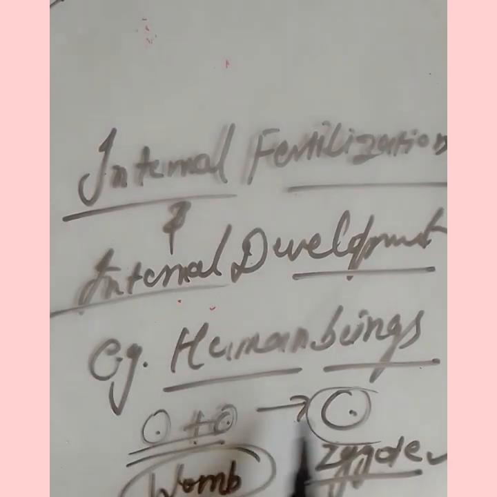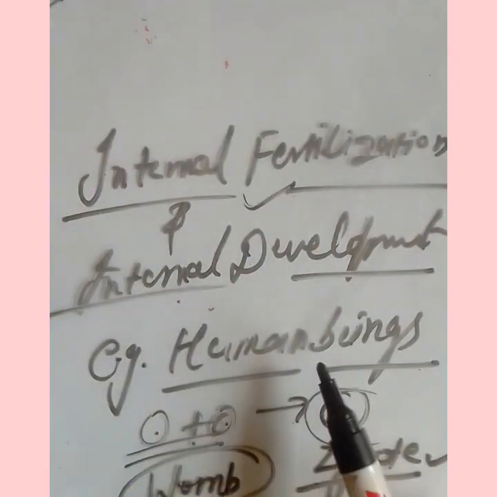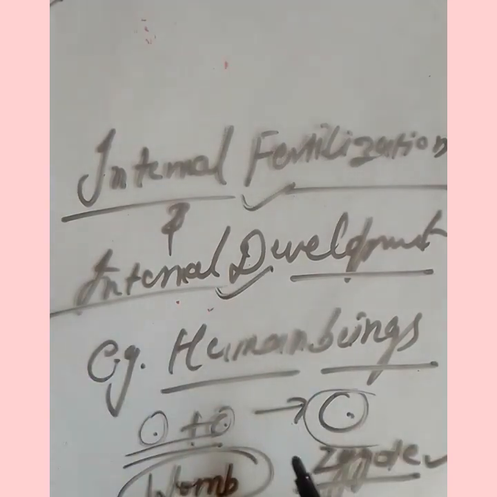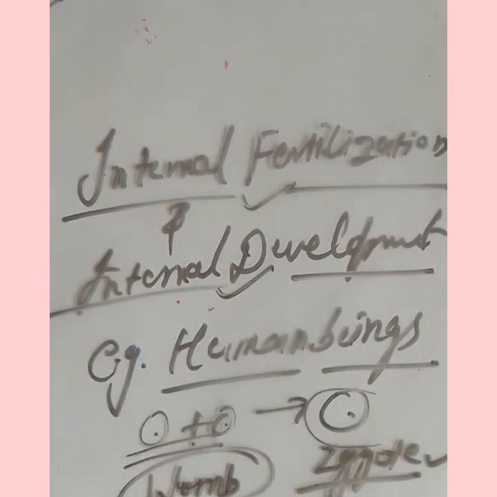So the fertilization is internal and development is also internal. This is the example of human beings. This is all about reproductive patterns.